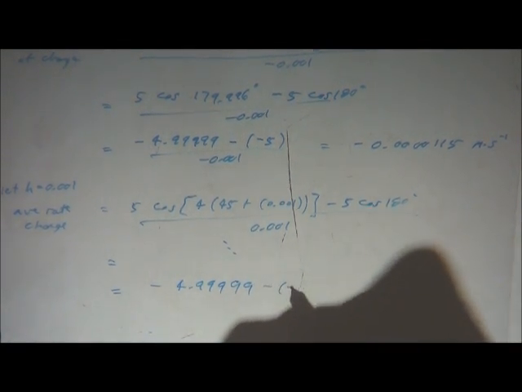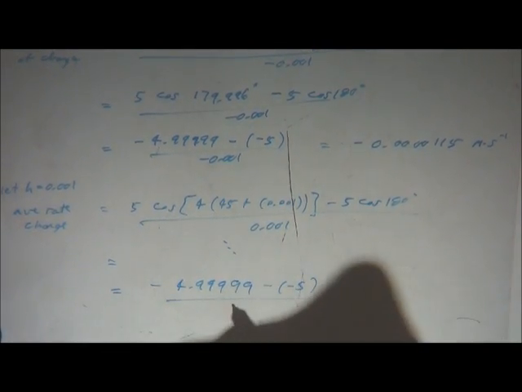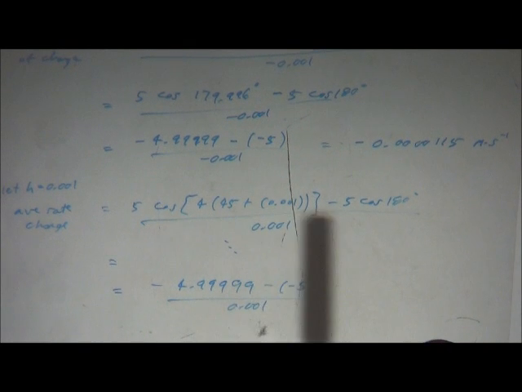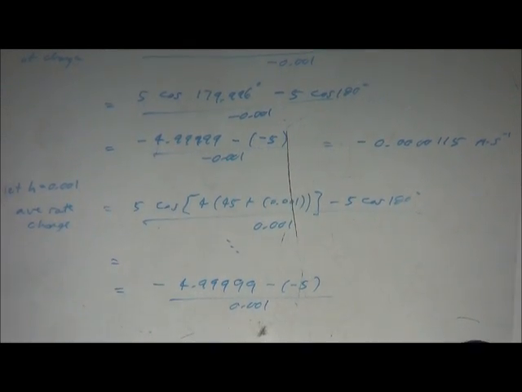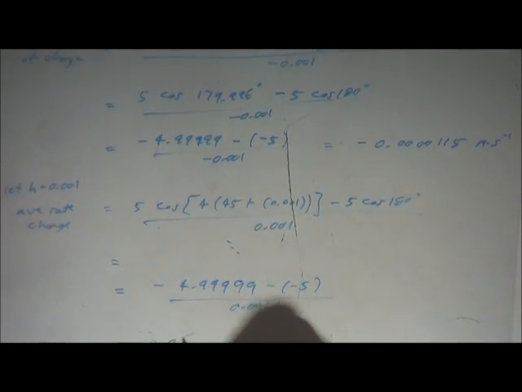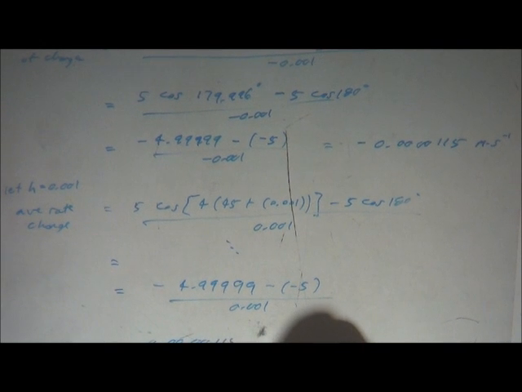And so it gives us basically the same thing because we're about the same distance away from the maximum on either side. And this time we're divided by a positive, so that gives us now 0.0000115 meters per second.